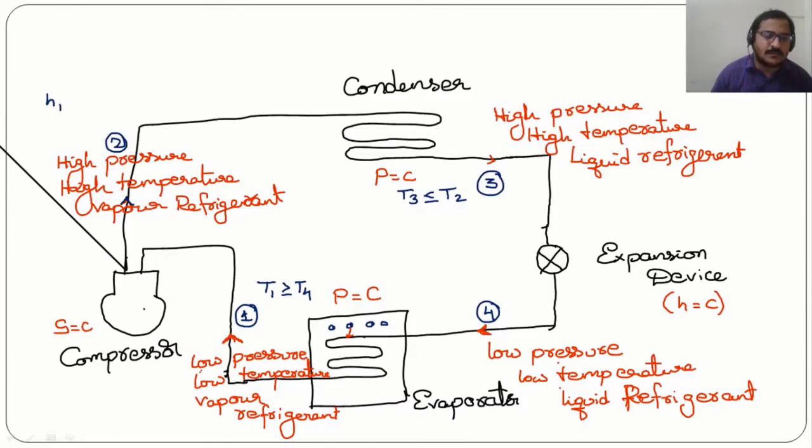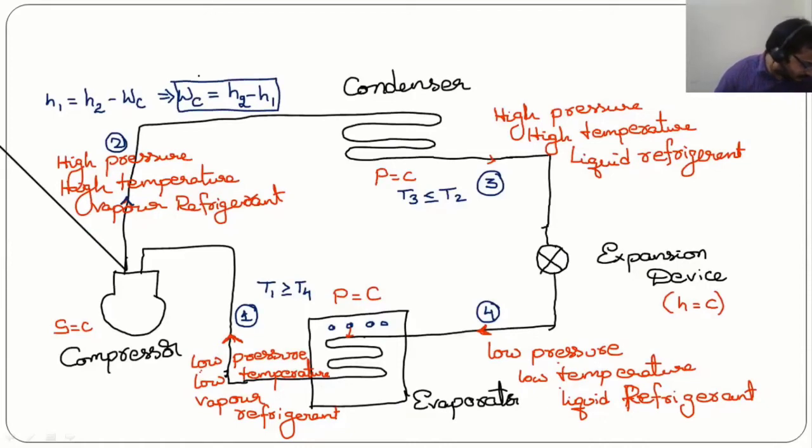Now to the compressor, work input should be given such that there will be an increase in the pressure as well as temperature. So H1 is equal to H2 minus the amount of work input that we are giving to the compressor. So from this, work input to the compressor will be H2 minus H1. So work input to the compressor is H2 minus H1 here.